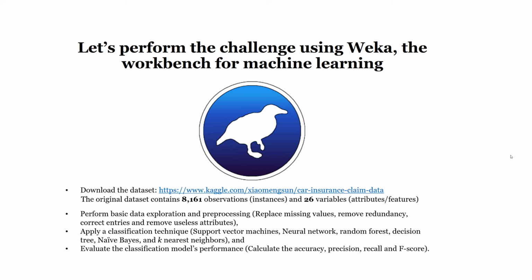And also, we're going to evaluate our classification model performance. We're going to see how the accuracy, precision, recall, and F-score are calculated. So let's dive into the practical session.